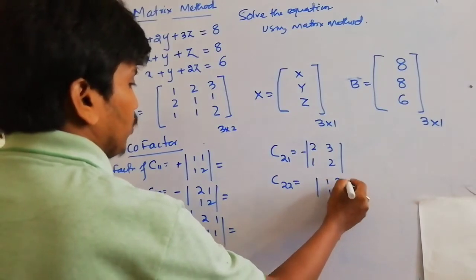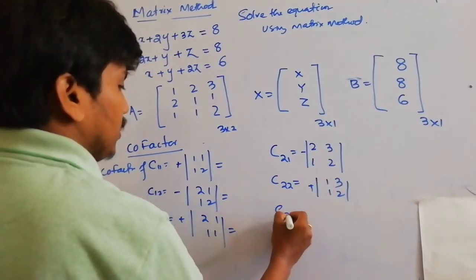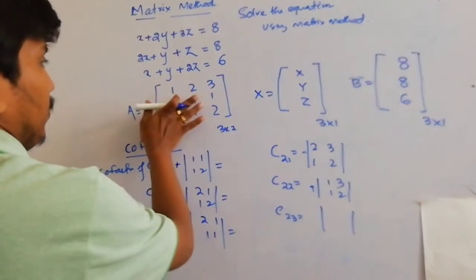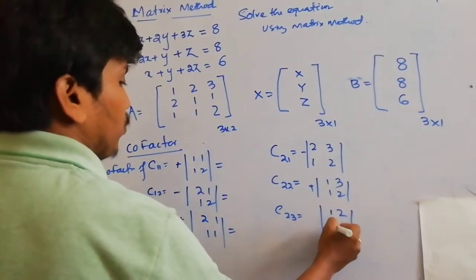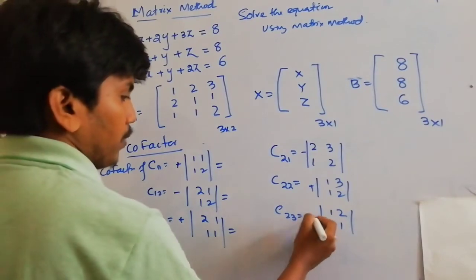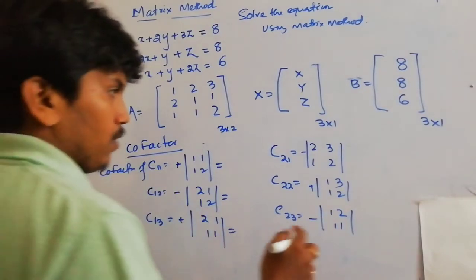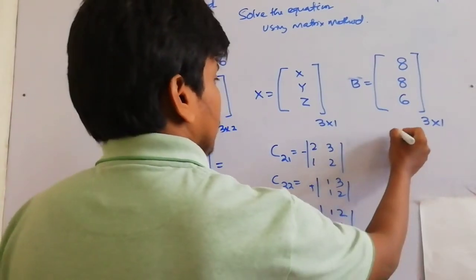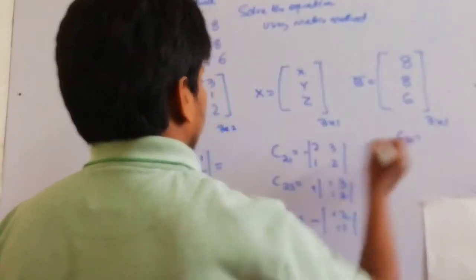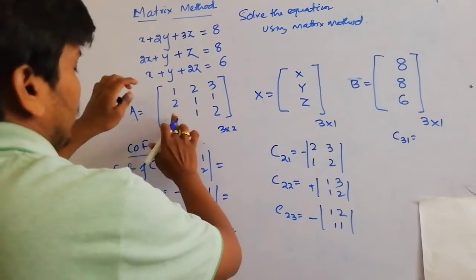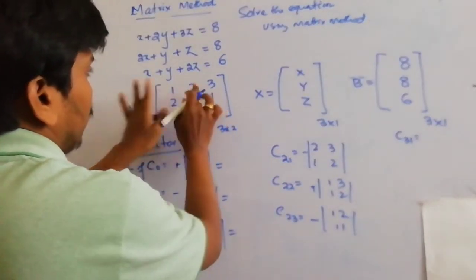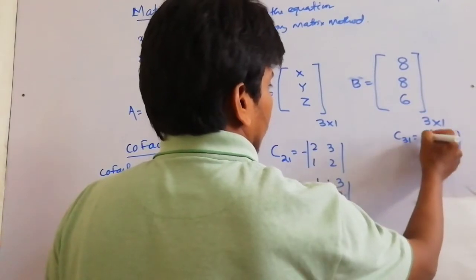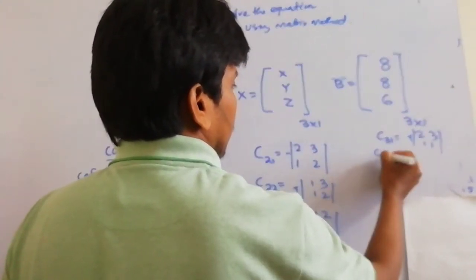Then C23 is 1 2 1 1, and this also is minus. Now C31, for 1 and 2 3 1 1, that's a plus. C32.